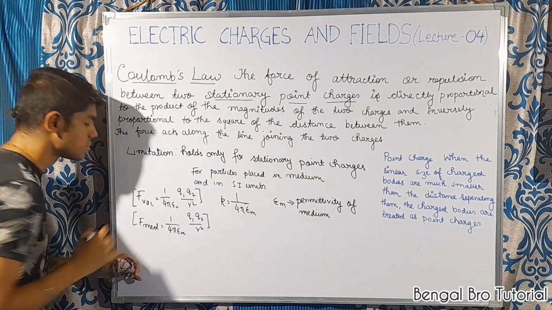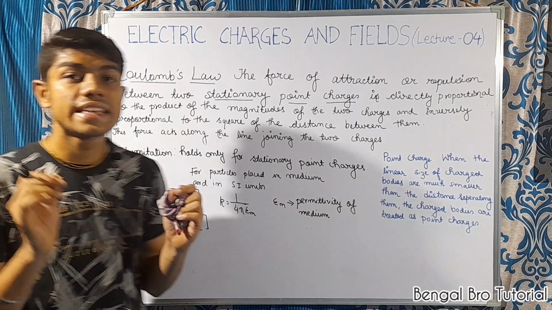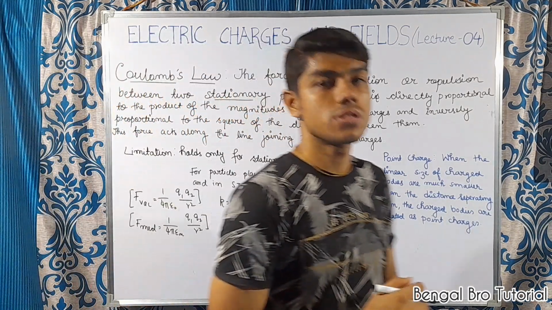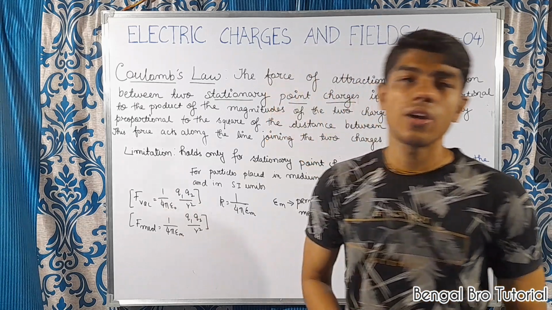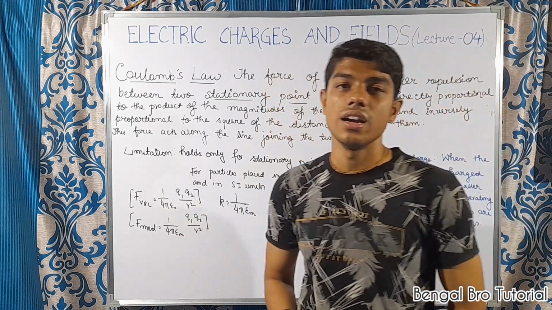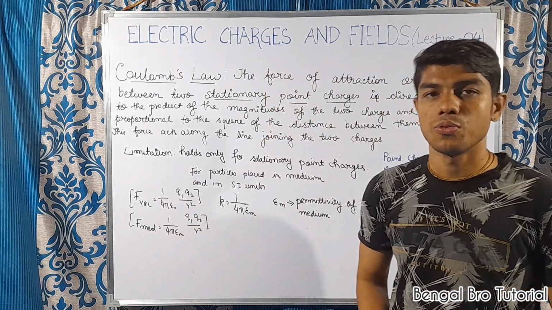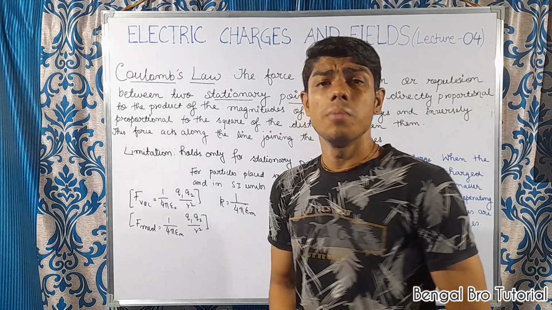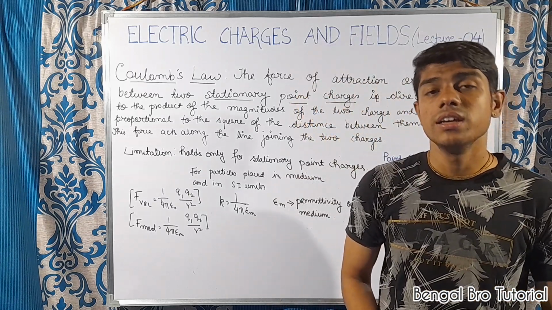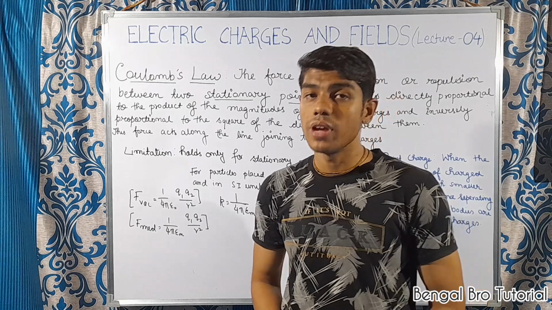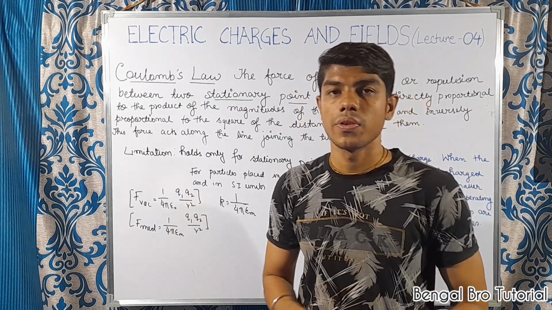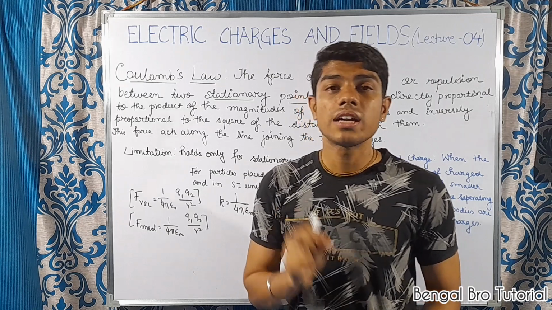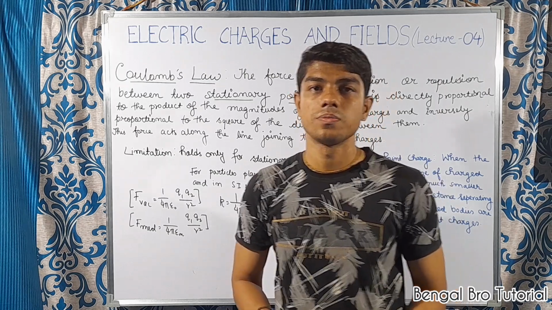These two expressions are known as the scalar forms of Coulomb's law, because from this expression you cannot get any idea regarding the direction of the force. But force being a vector quantity, it will be better if we express this in the vector form. So now let's see the vector form of Coulomb's law.